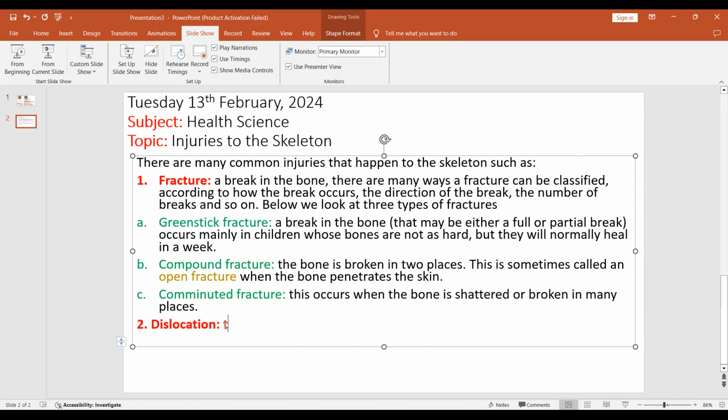But this happens when the two bones at a joint are pulled apart.